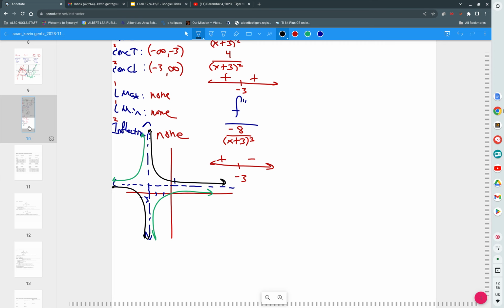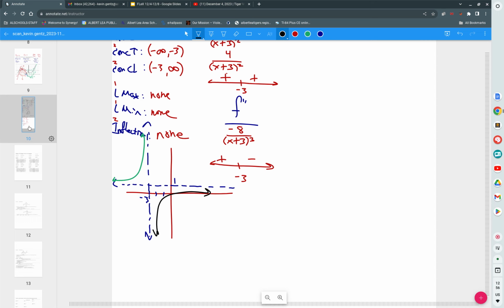Now let's talk about concavity. Is this concave up or concave down here? That's concave up. Some people would say it's holding water. Whereas if you're like this, that's concave down. It would be emptying out water, however you want to think of it. So this is concave up, that's concave down.